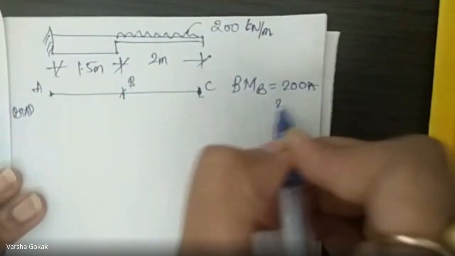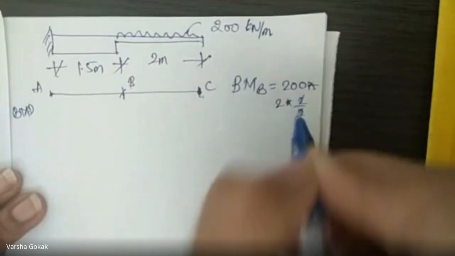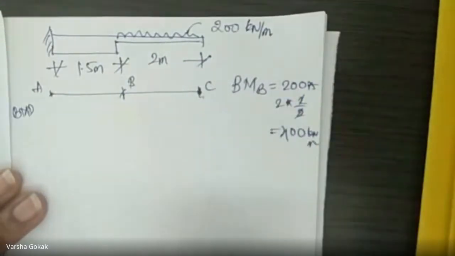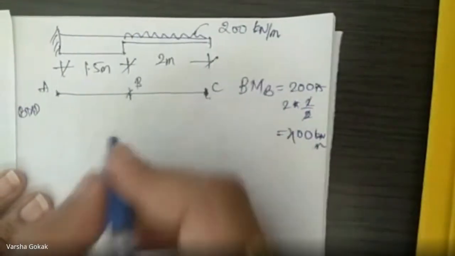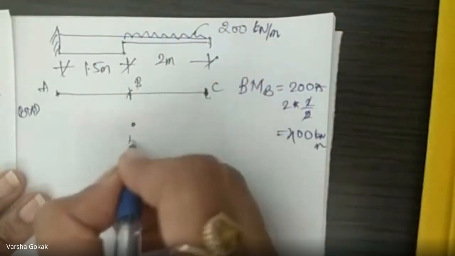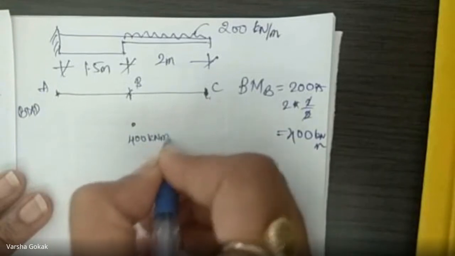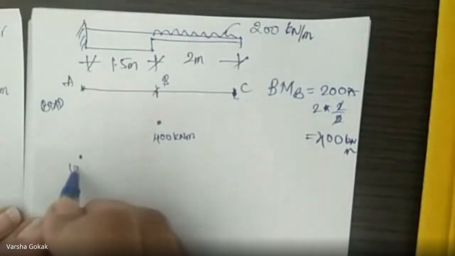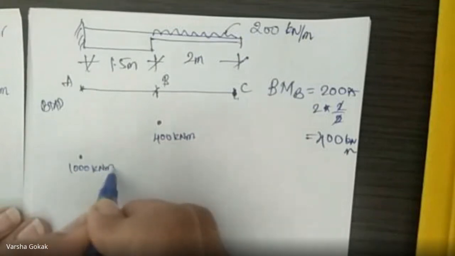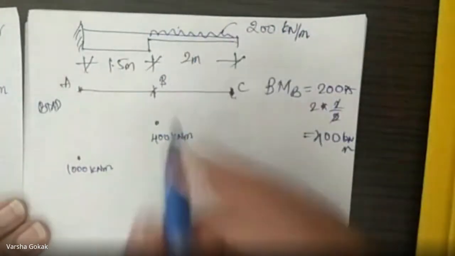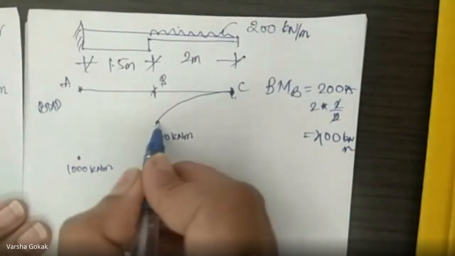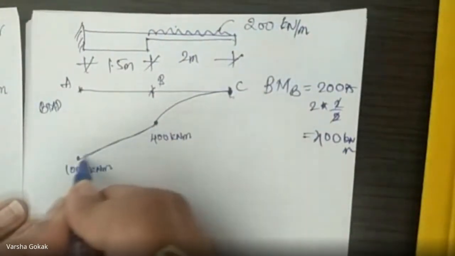That makes it 400 kilonewton meter, right? So bending moment at B would be 400 kilonewton meter. And bending moment at A we have already found, that is 1000 kilonewton meter. Now this is a UDL, so there will be a parabola coming into picture, and from here to here there is no UDL, it is a straight line.